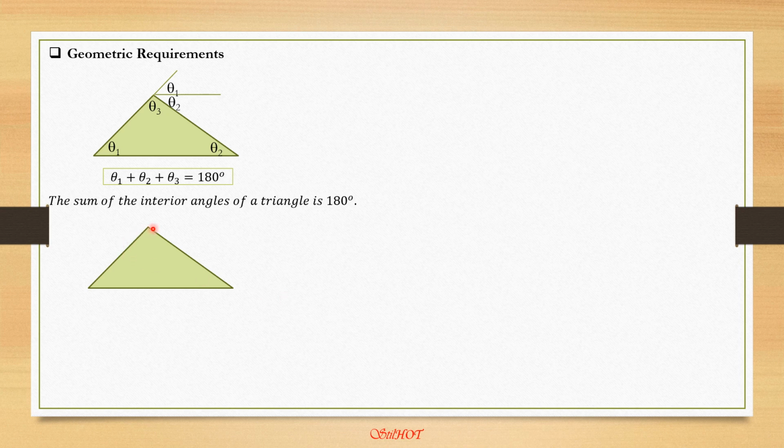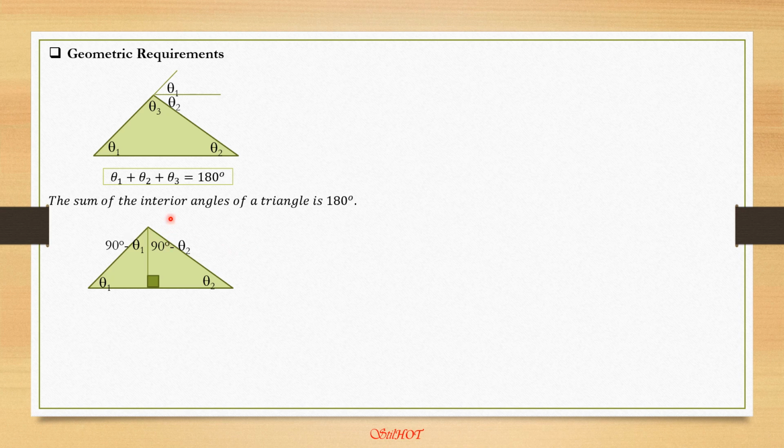If we drop a line perpendicular to the base, so that's theta 1, theta 2, and that is theta 3 supposedly, then we form two right triangles. Therefore, the measure of this angle here is 90 degrees minus theta 1, while this angle here is 90 degrees minus theta 2.